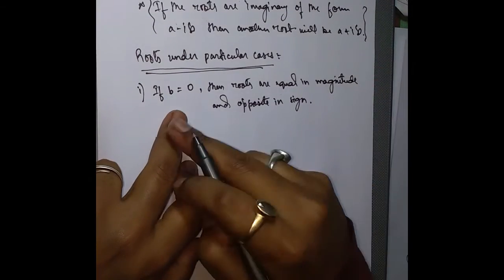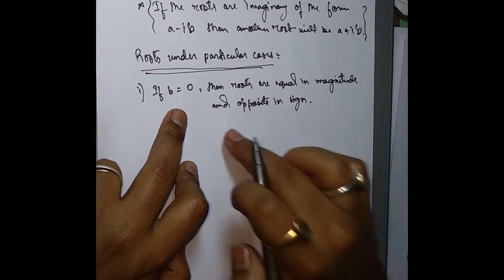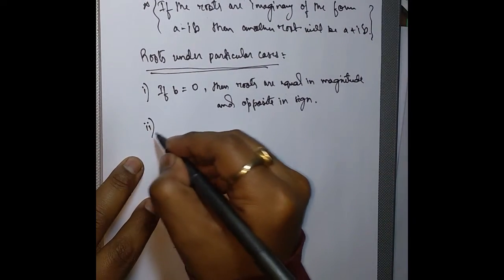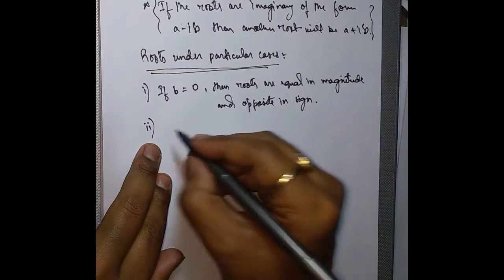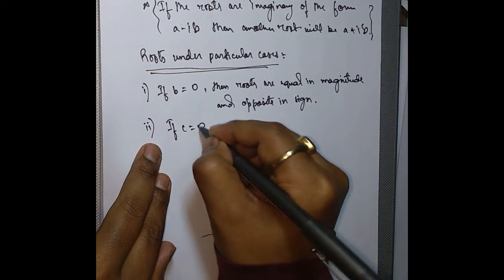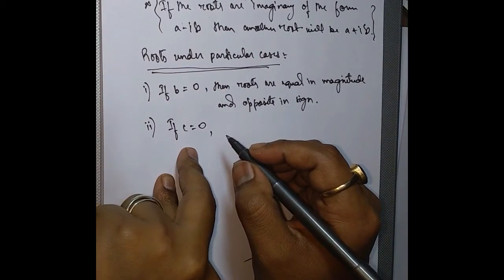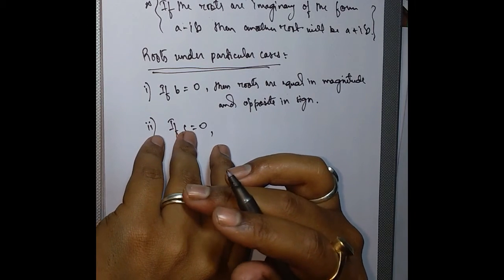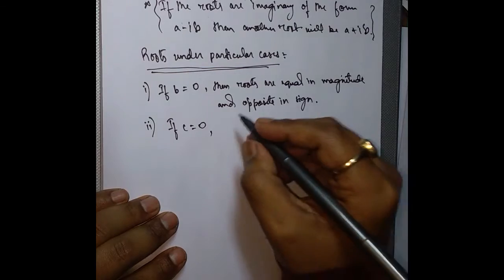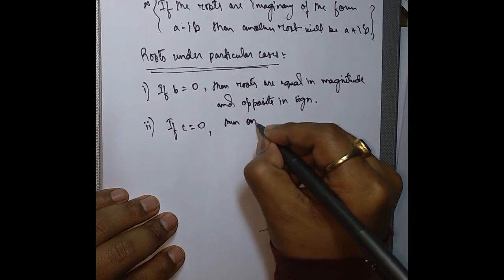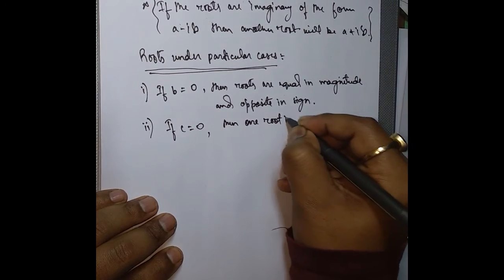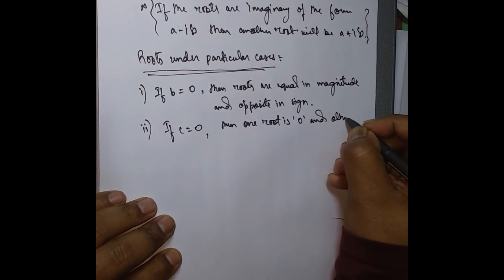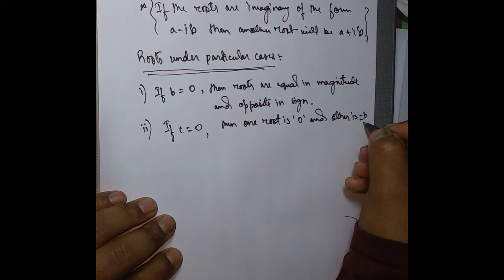Okay, if b equal to 0, then roots are equal in magnitude and opposite in sign. Then number 2, if c equal to 0, what happens? Then one root is 0 and the other is minus b by a.